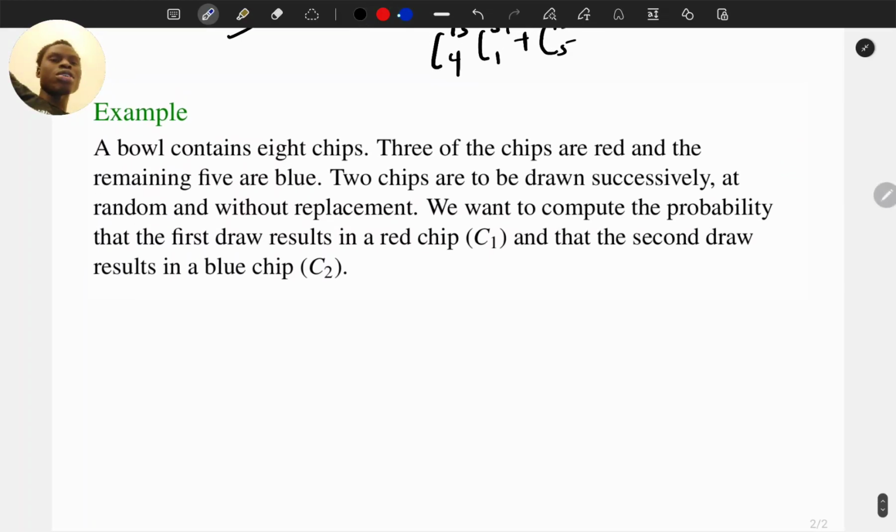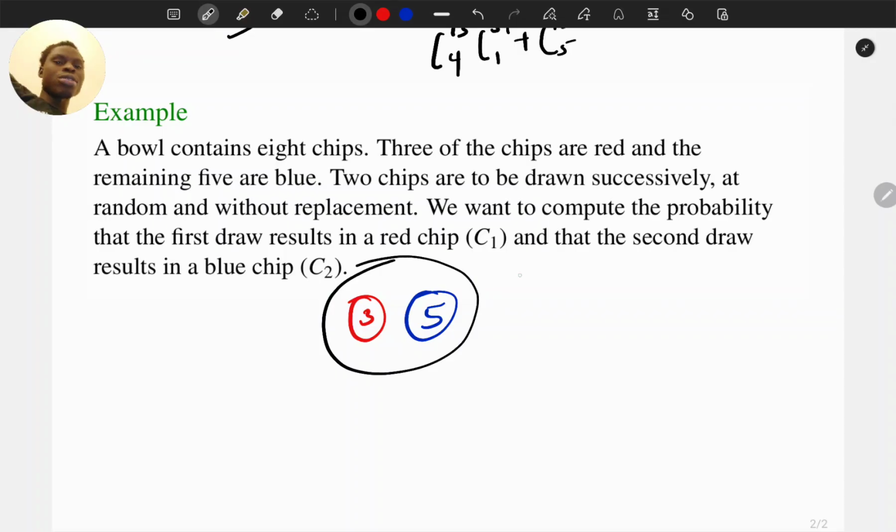Let's illustrate that. We have 8 chips, 3 of which are red and 5 are blue. We have 5 blue and 3 red, so everything makes up 8 chips.